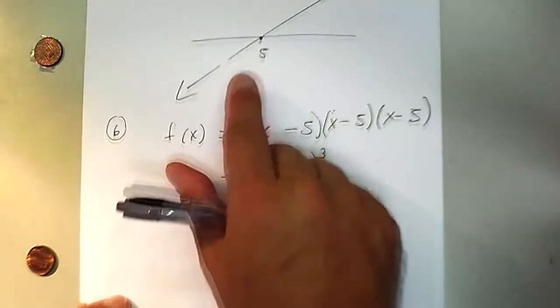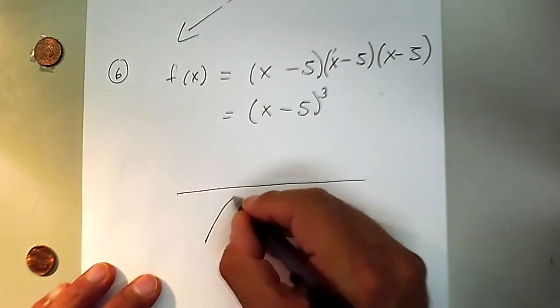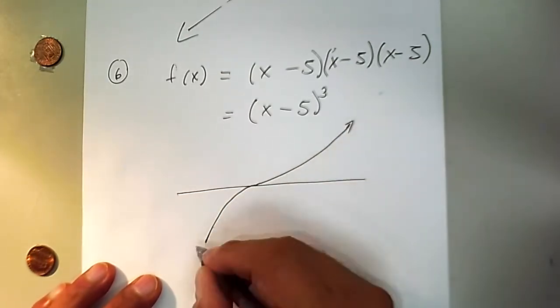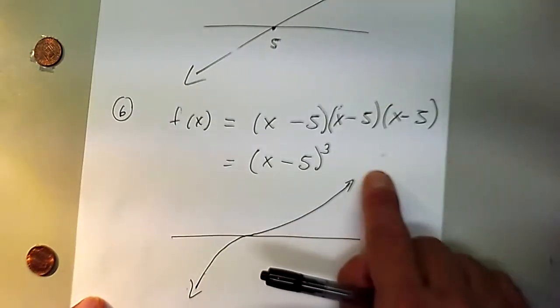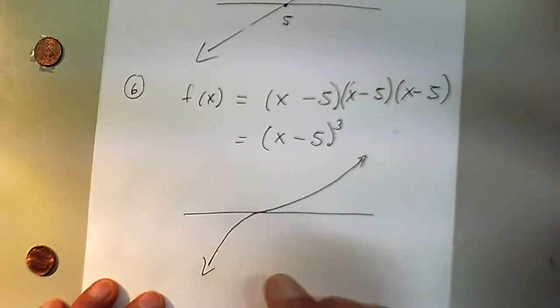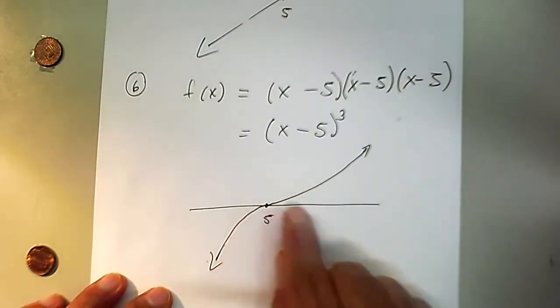We still have the same picture, except that it is twisted. We still have the same end behavior, right up, left down, through the number 5, through the zero, 5.